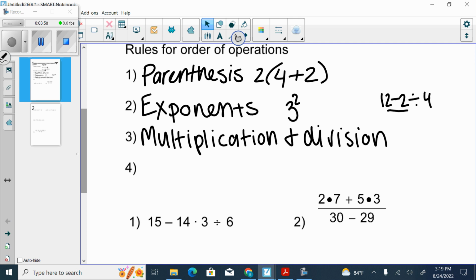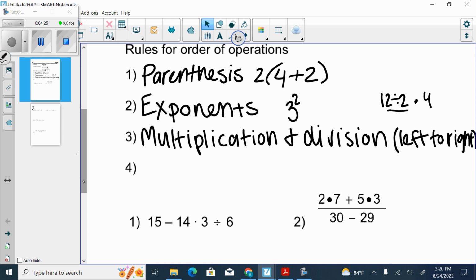But if it was the other way around, I would do the division first, just because it's the first thing I come to. Okay? Yeah, I usually did multiplication. So we just always want to work left to right if there's both. Okay? So what would our step 4 be?